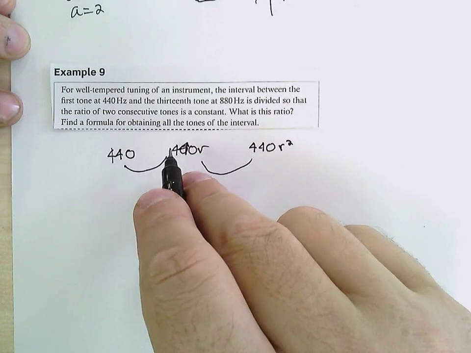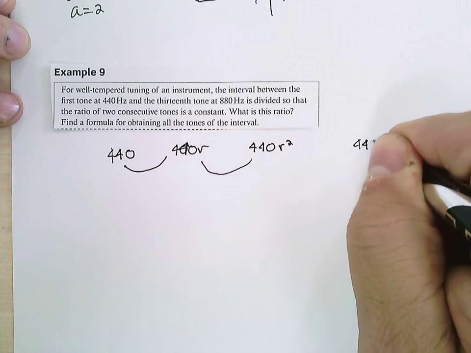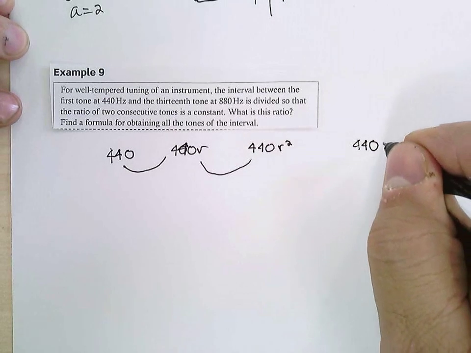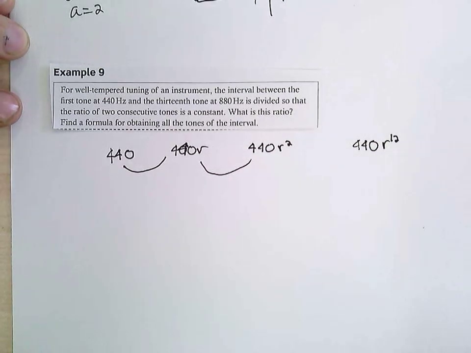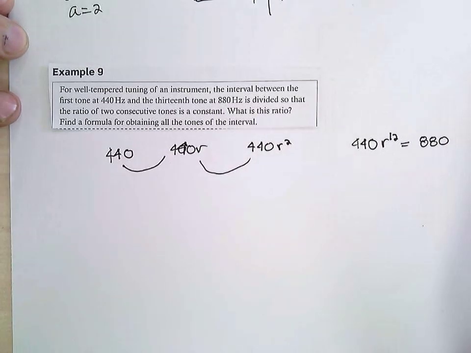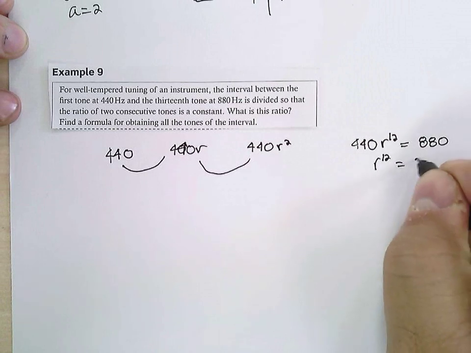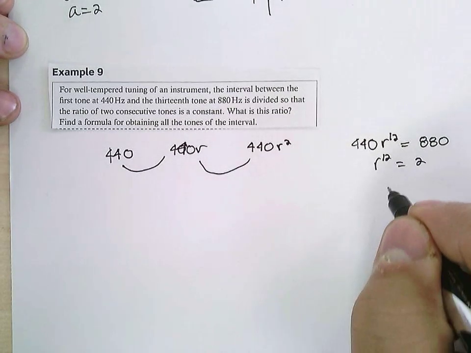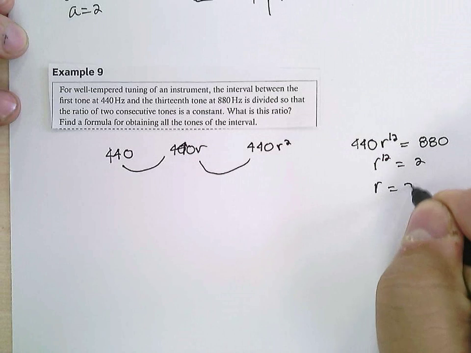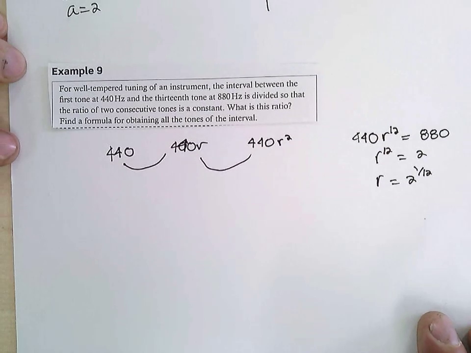Because it's the first, second, third, and so on. So I know that 440 times r to the 12th would be the 13th term, and that has to be 880, right? Then I divide by 440, and I get r to the 12th equals 2. And then I can solve this by writing r as 2 to the 1/12th.